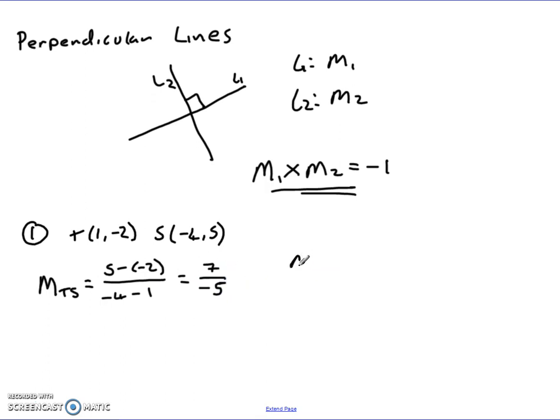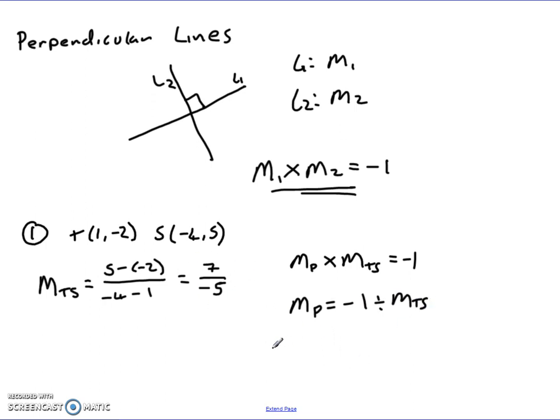Now, if we call MP our perpendicular line, we know that MP times the gradient of TS is equal to -1. So the MP, our perpendicular gradient, is equal to -1 divided by the gradient of TS.